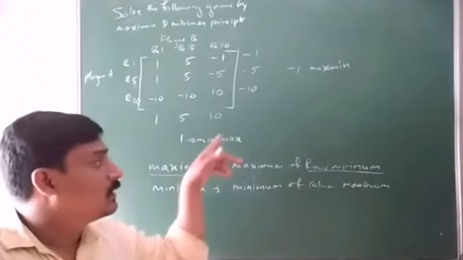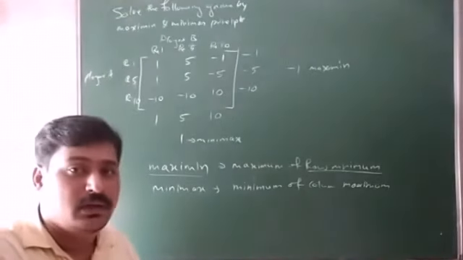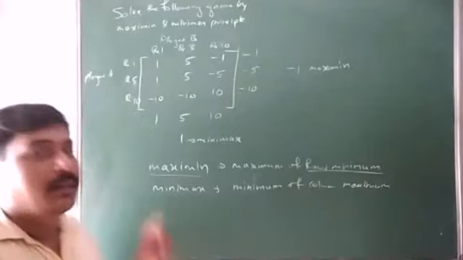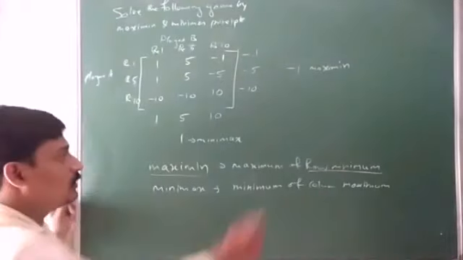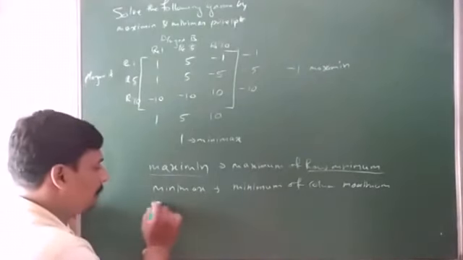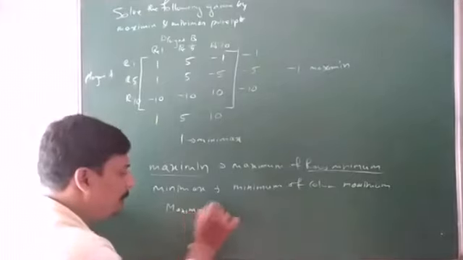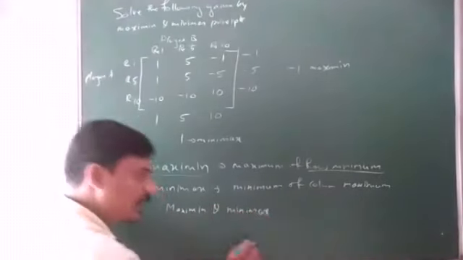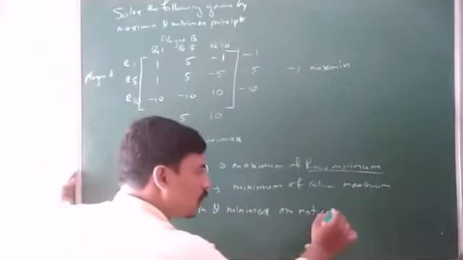Therefore, the given problem doesn't have a saddle point. That means here the player has mixed strategy. Maximin and minimax are not coinciding.